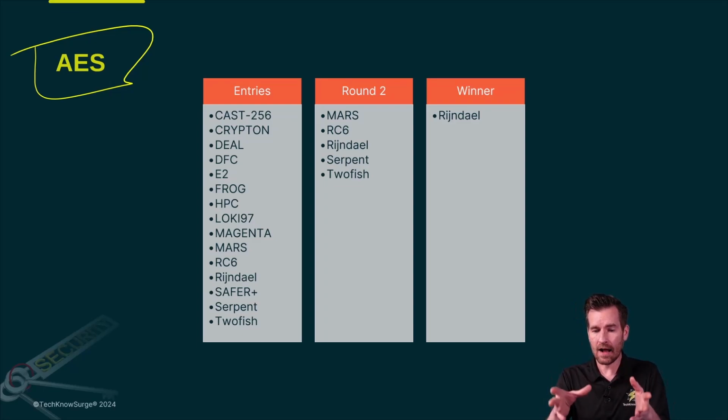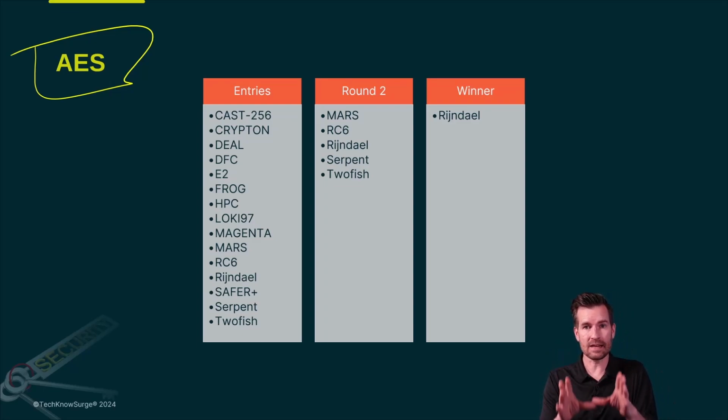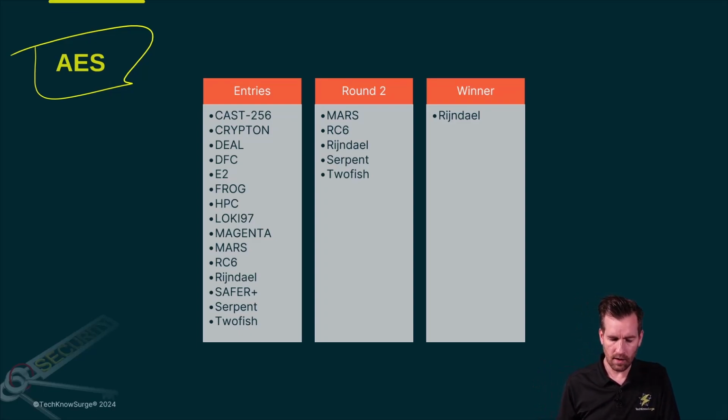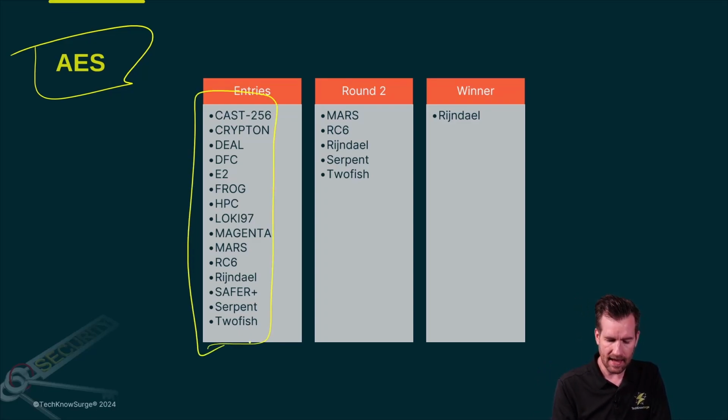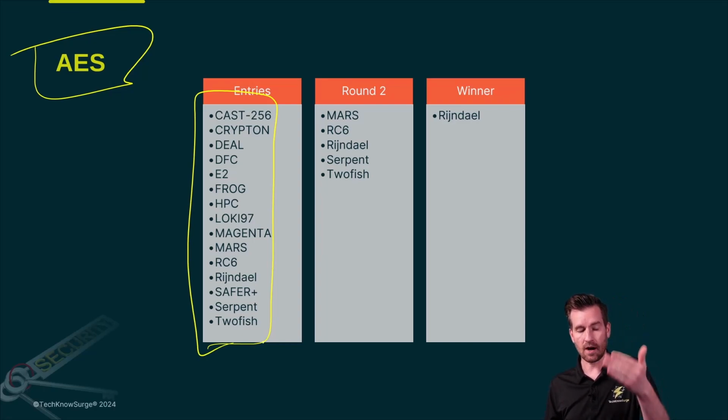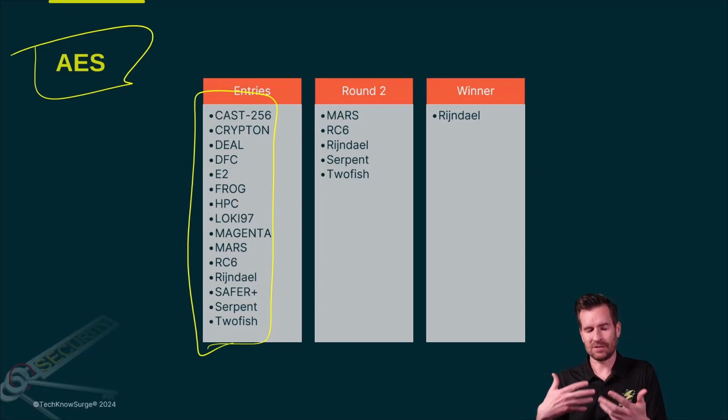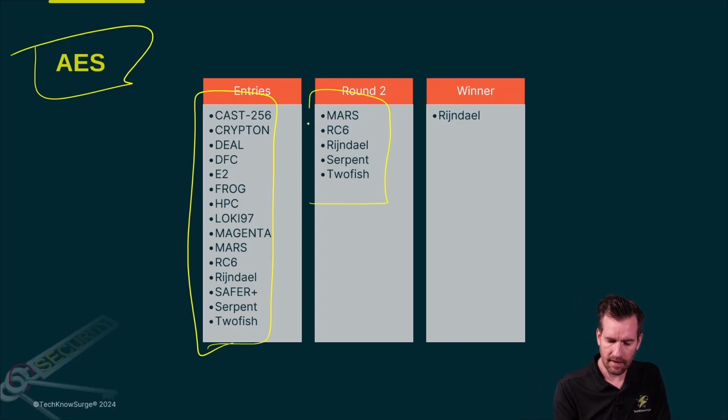And so we put it out there that we have this need, we need to create a standard, who wants to submit their proposals? And there were 15 entries that entered in and said, these are our proposals. From there was discussion and people talked about it, there was voting, and it narrowed down to 5 entries.